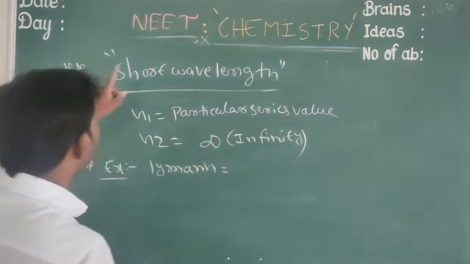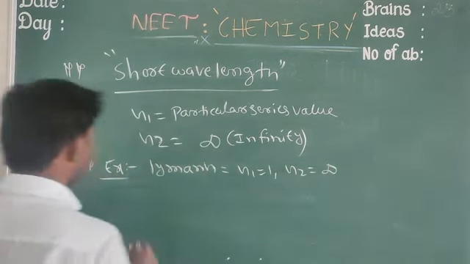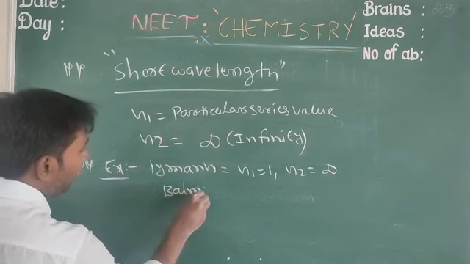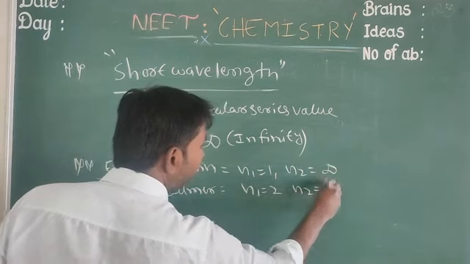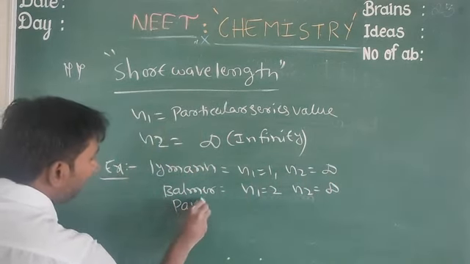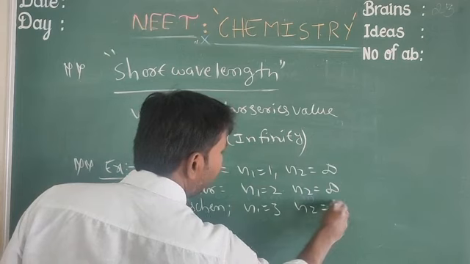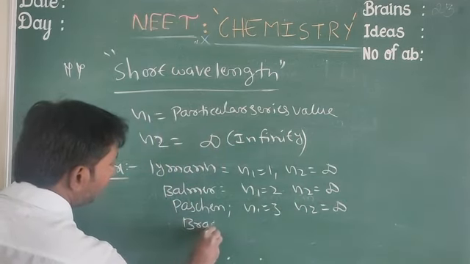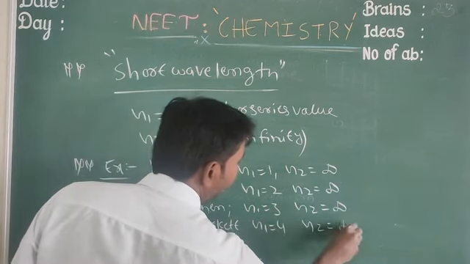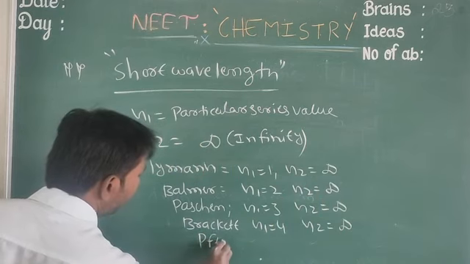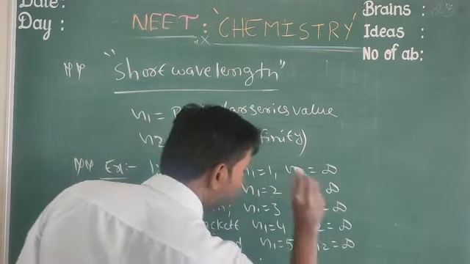For example, for Lyman with short wavelength, N1 equals 1, N2 equals infinity. For Balmer, N1 equals 2, N2 equals infinity. For Pascal, N1 equals 3, N2 equals infinity. Brackett, N1 equals 4, N2 equals infinity. Pfund, N1 equals 5, N2 equals infinity.